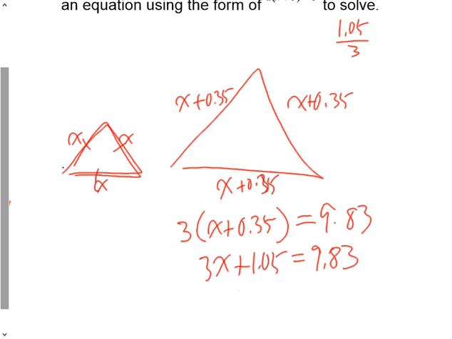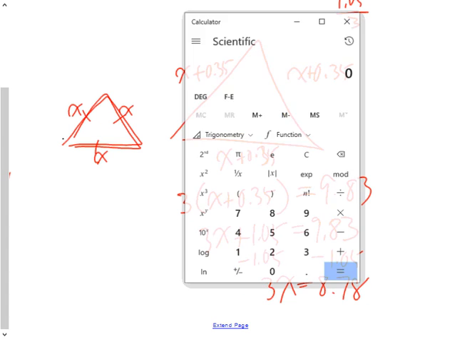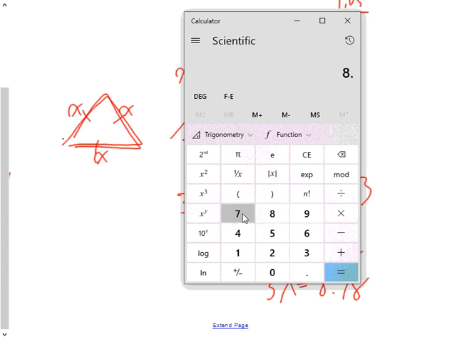And if we subtract the constant from both sides, we get 3x equals 8.78. Hopefully this works. 8.78 divided by 3. Please don't be repeating. Oh, poopy darn.